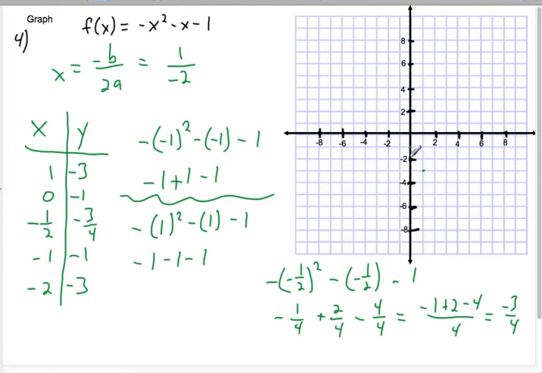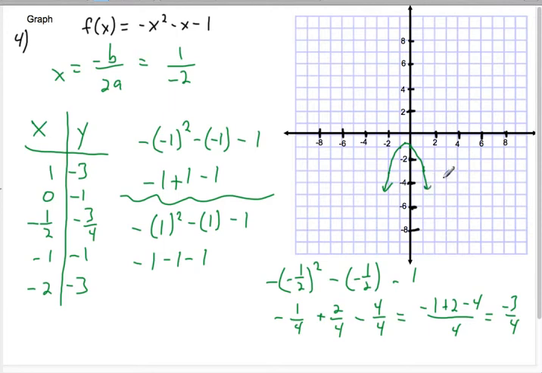Negative 1/2, negative 3/4 would be about right there. Negative 1 is going to be about there. And then negative 2, negative 3 is going to be here. So we do have that shape we're looking for, so we can feel pretty confident in our answer at this point.